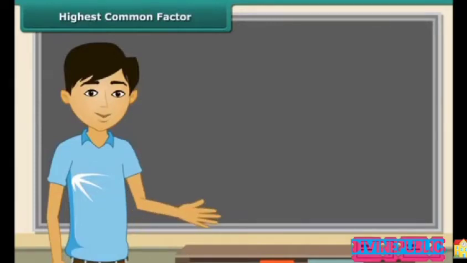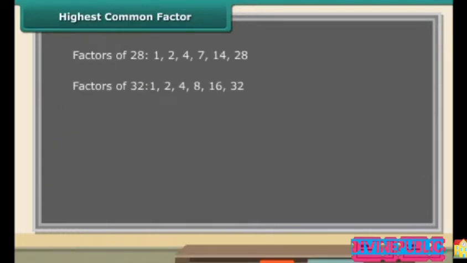Now that you know what common factors are, let us find the highest common factor of two numbers. Consider two numbers 28 and 32. The factors of 28 are 1, 2, 4, 7, 14 and 28. The factors of 32 are 1, 2, 4, 8, 16 and 32.